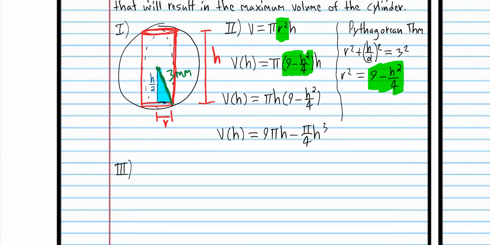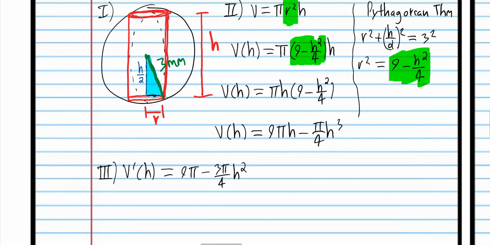Now we are going to find the derivative of the function. And remember, 9 pi is just a constant. Okay, so we have the derivative. On to step number 4. What h values make the derivative undefined?